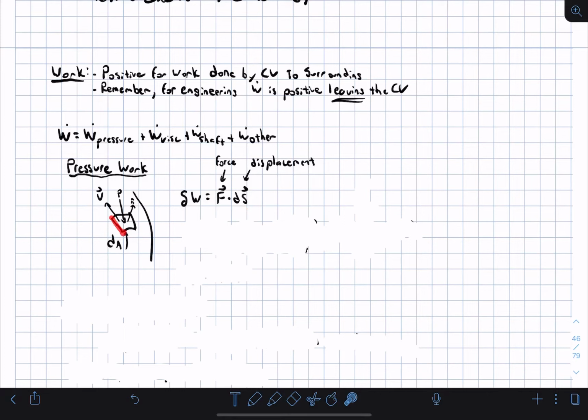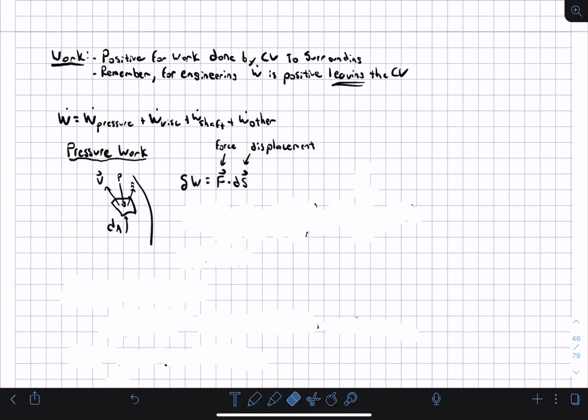Now we have a stationary patch and fluid moving through it, so we need to convert the standard definition of work into something that we can use for a fluid crossing a boundary. So you could think that W dot then is the limit as delta t goes to 0 of delta W divided by delta t.